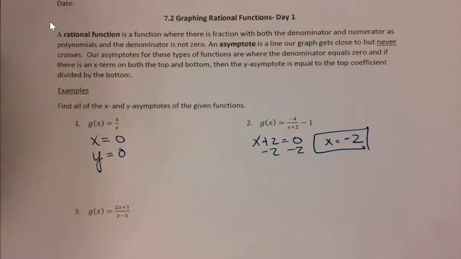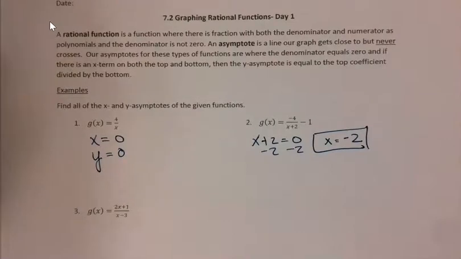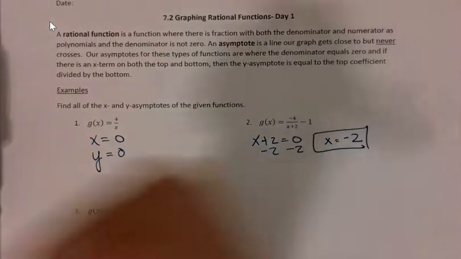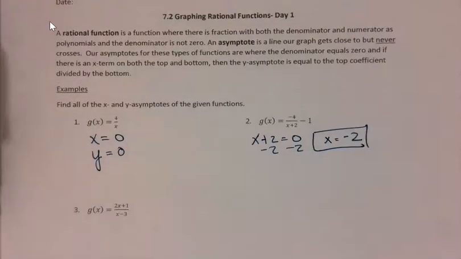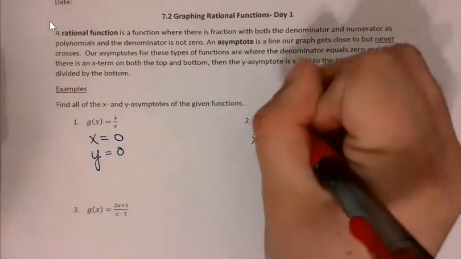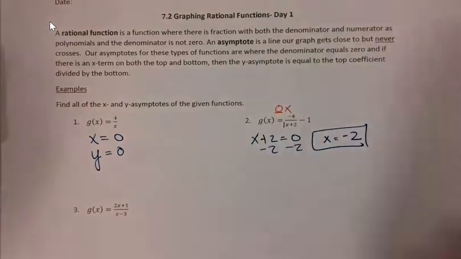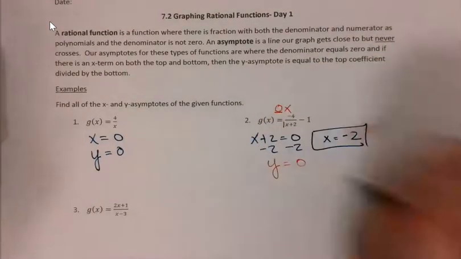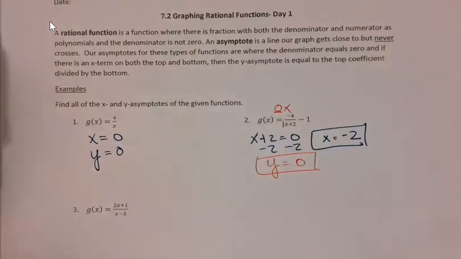To get my y asymptote, I want to take the top coefficient divided by the bottom. Because there's no x term, I'm going to take 0 divided by 1 to get y equals 0 as my y asymptote.